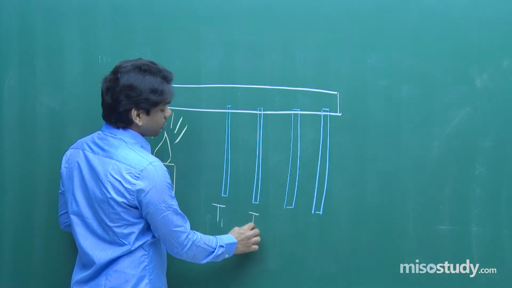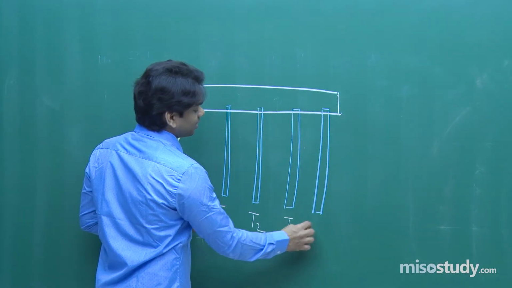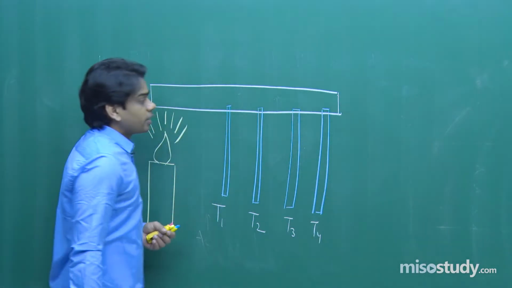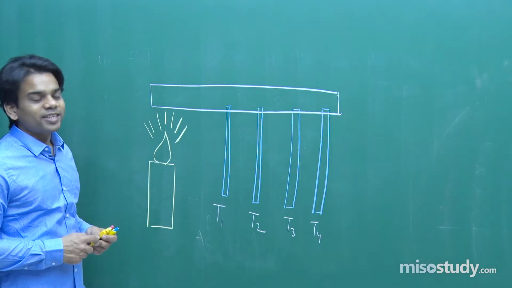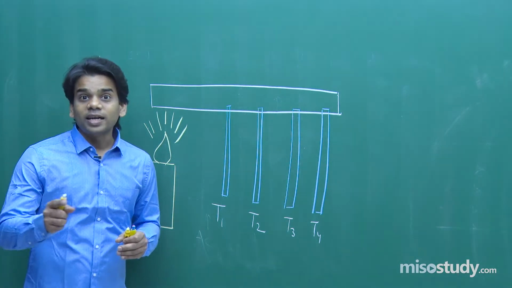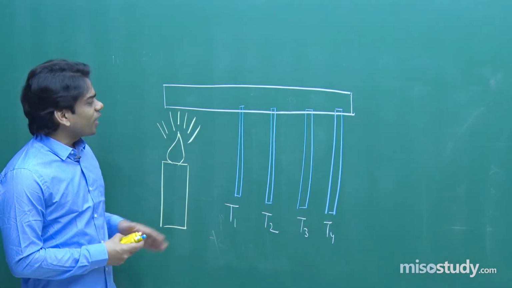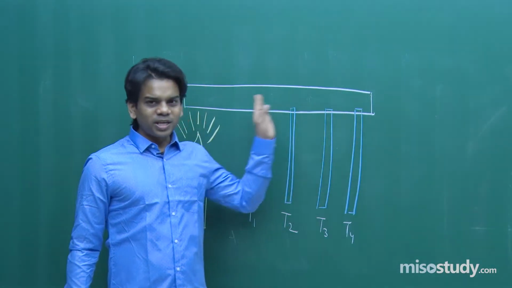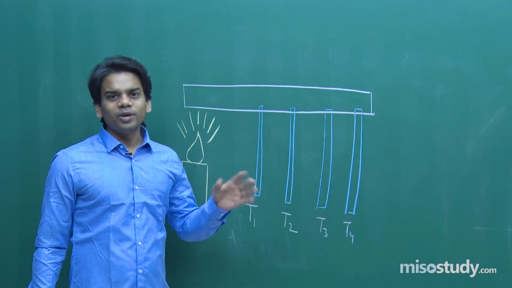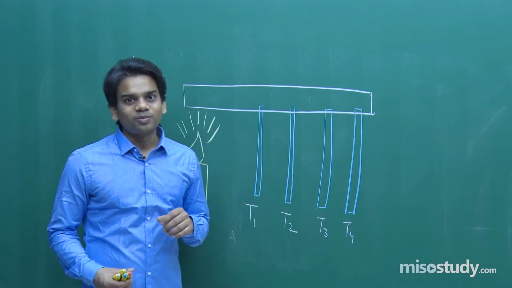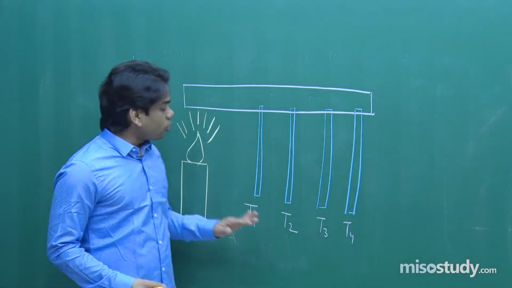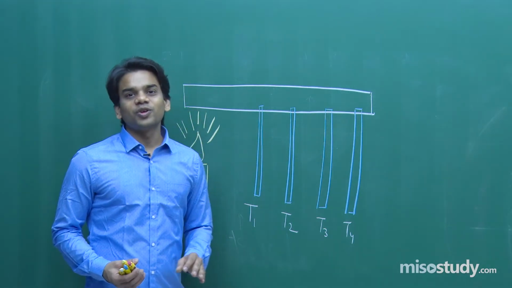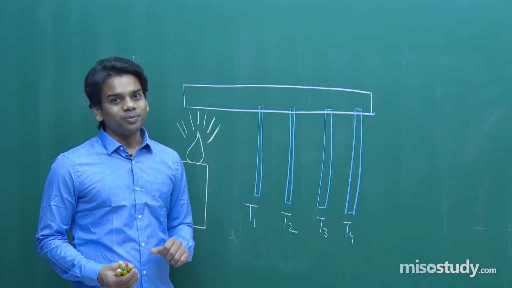Now before starting heating from one of its ends, we will find that the entire temperature of the rod is uniform, at the normal room temperature. That means all the thermometers are going to record the same temperature.